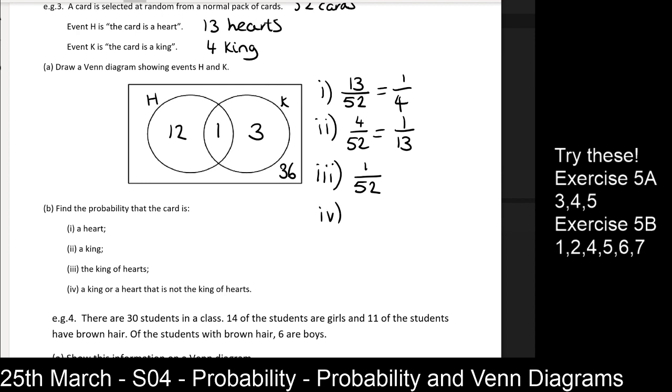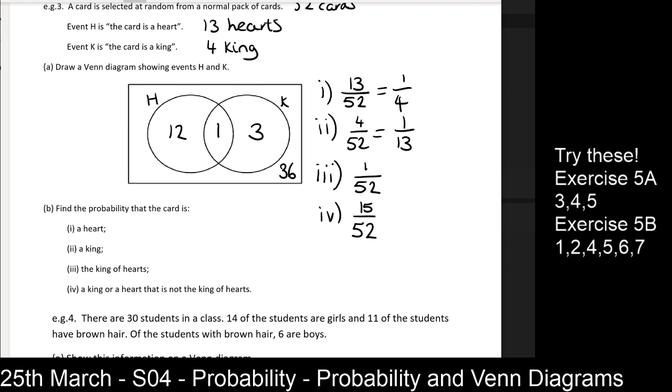And then finally, a king or a heart that is not the King of Hearts. So we then need to think about how many cards are kings or hearts that are not the King of Hearts. So we've got 15 of these cards out of 52 altogether.